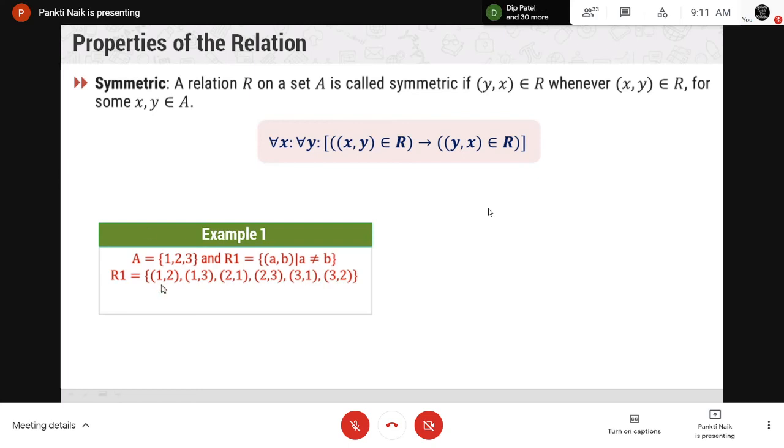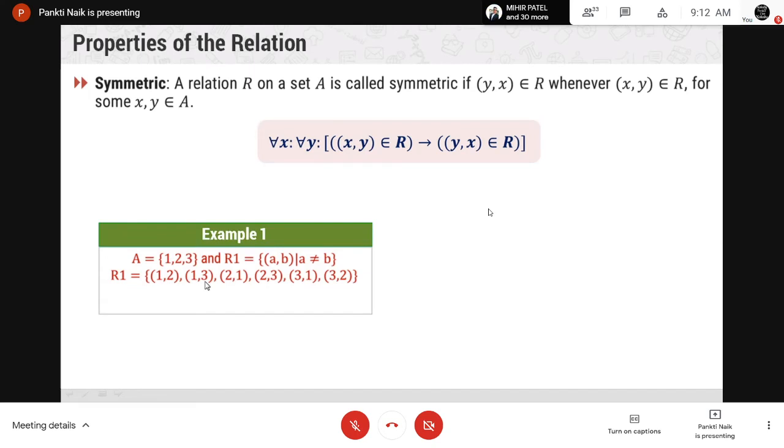So let us see with the example. Consider one set A is equal to {1, 2, 3}, right? And relation R1 is (a, b) such that a is not equal to b, right? So relation na subset કયા કયા થશે (a, b), પણ A ની value B ની value થી same નહીં થવી જોઈએ, right? So (1,2), (1,3), right?